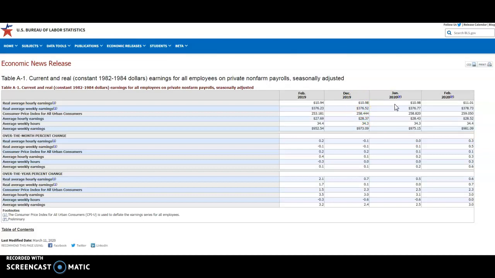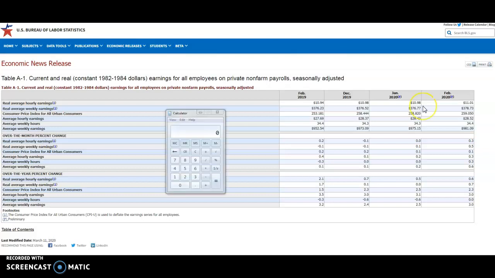All right, the other thing we want to be able to do is actually calculate the percentage changes. To do this, we're going to use that formula we rolled out in previous reports, like GDP and CPI. Always take the later value, divide it by the earlier value, and then subtract 1. For example, if we want to know the percentage change in real wages from January 2020 to February 2020, we would take the later value, 11.01.